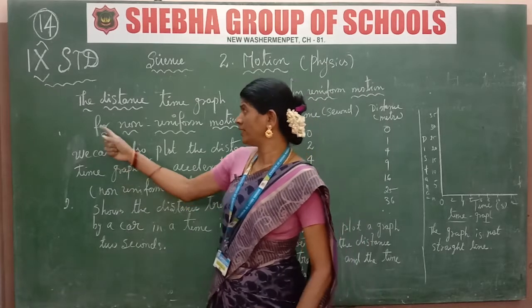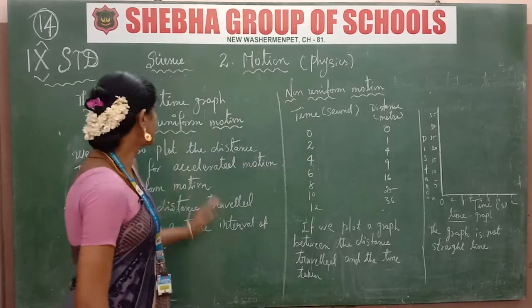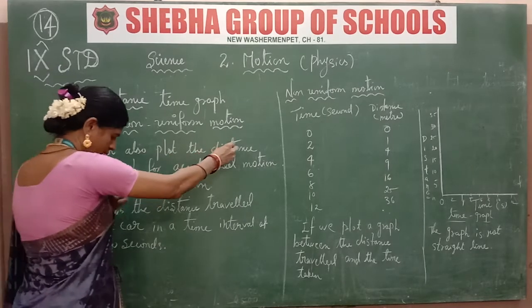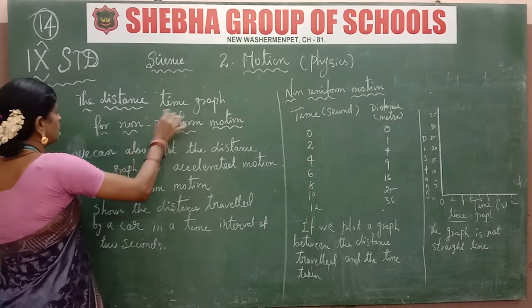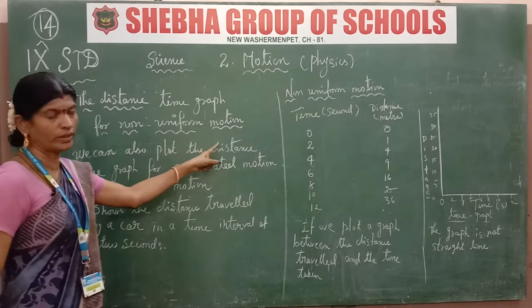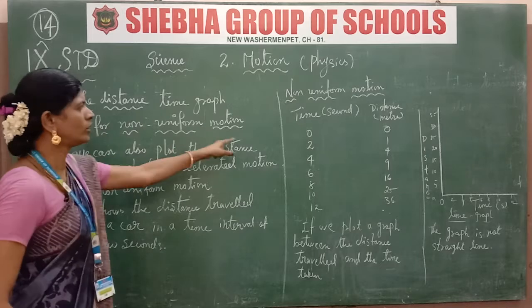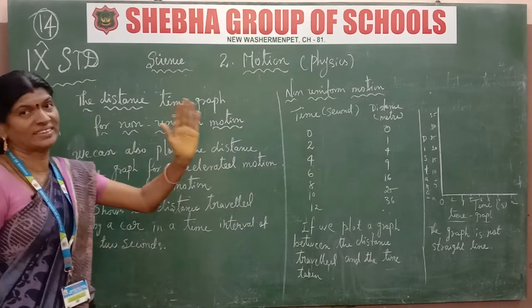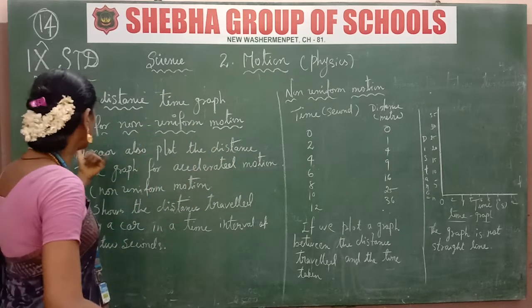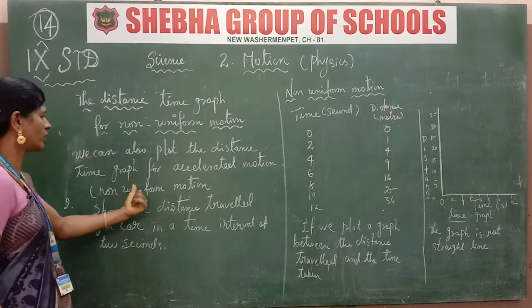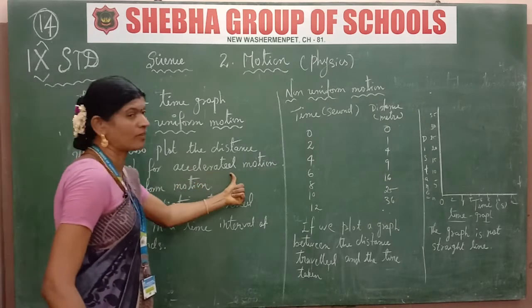So listen. Next, the distance-time graph for non-uniform motion. First one is uniform motion, second one is non-uniform motion. First, we can plot the distance against time for the graph of accelerated motion.